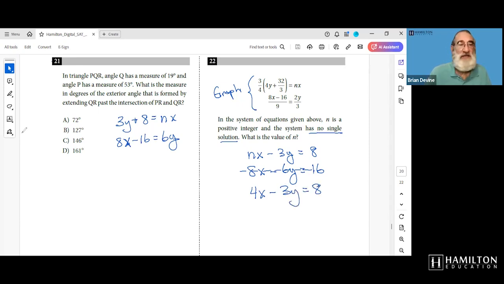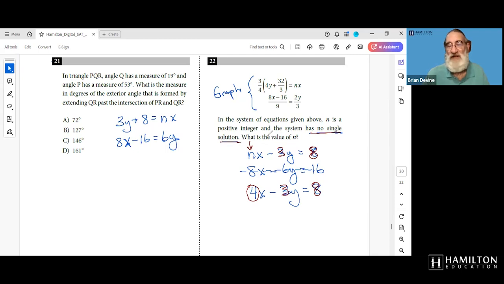And I note right away that these two, if I look at these two pairs of numbers, would form the same y-intercept. So these two lines are going to cross at a single point unless I can make n equal to 4, and that would make them the same line. And then they would have no single solution.